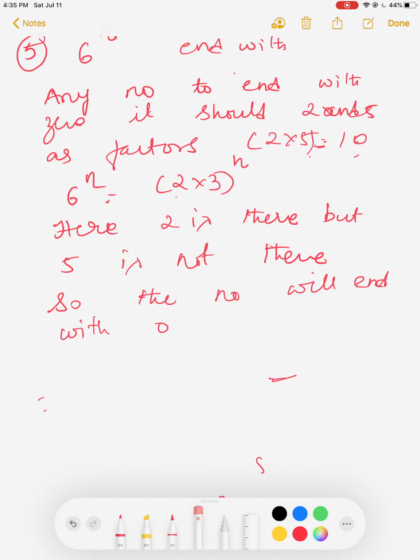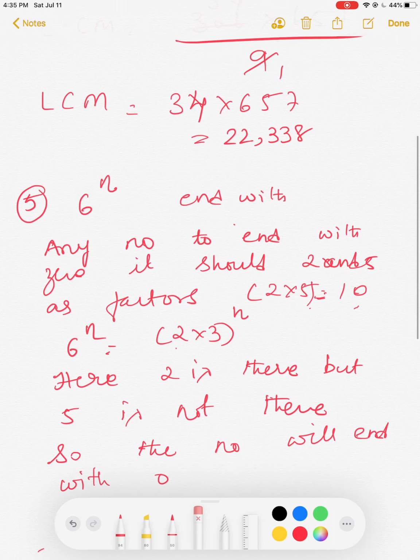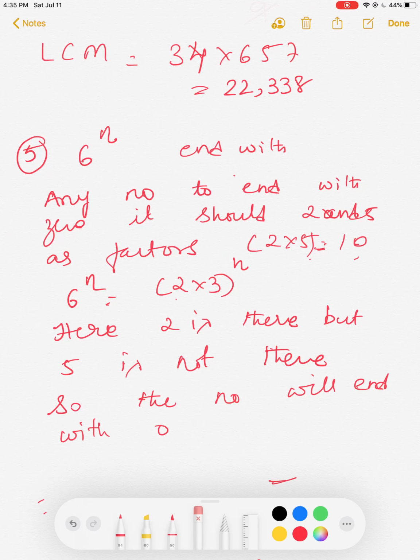I have written everything, you can copy directly into your notebooks. Whether 6 raised to power n ends with 0, that we have to find out. Any number to end with 0 should have 2 and 5 as factors. Why? Because 2 into 5 is equal to 10. 6 raised to power n can be written as 2 into 3 raised to power n.